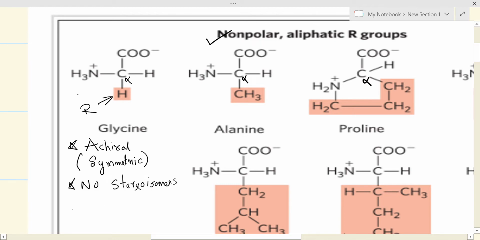And it is the simplest amino acid. Now, how will you calculate stereoisomer? Number of stereoisomer is calculated by using the formula 2 raised to power n, where n is number of chiral carbon.